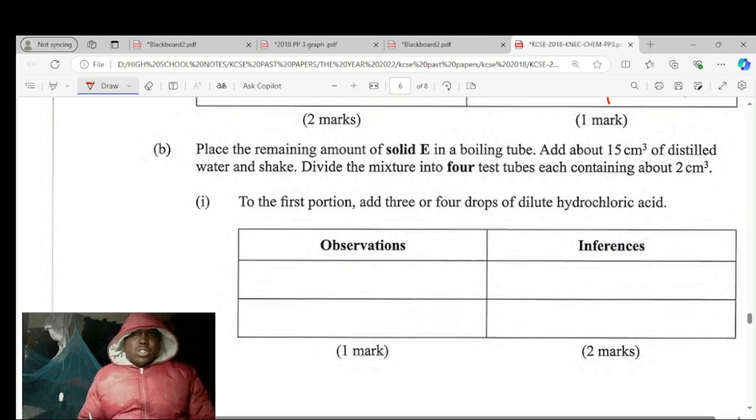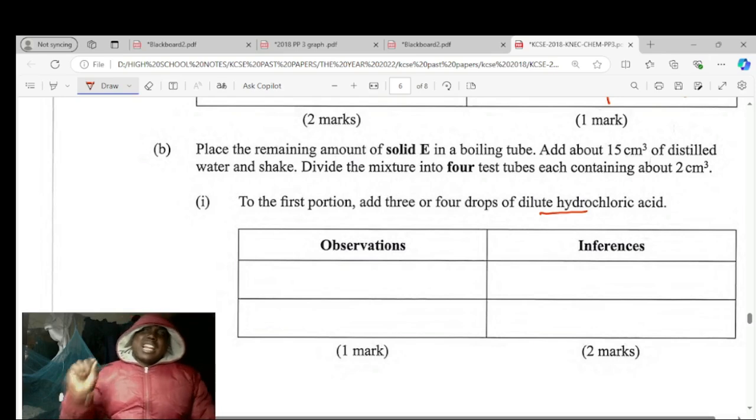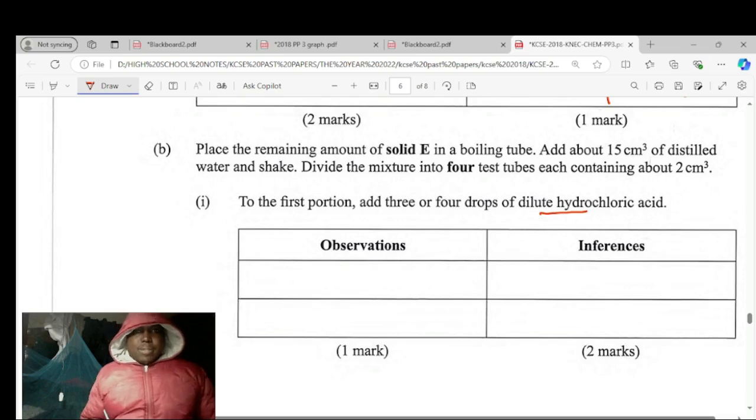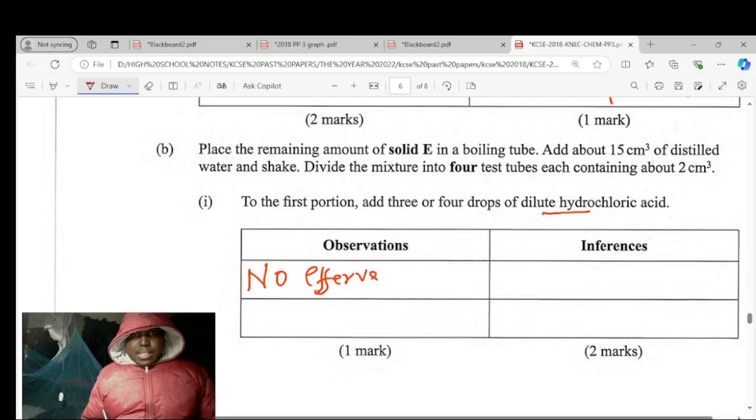And because you are adding HCl, the first thing we expect is effervescence. Whenever you are adding an acid to something, we expect effervescence. But there was no effervescence. So whenever you are adding an acid, the first thing you expect is effervescence.